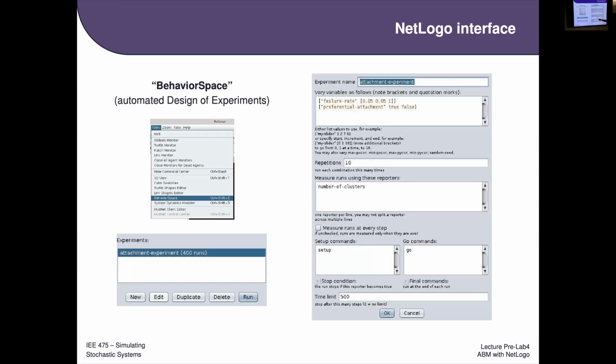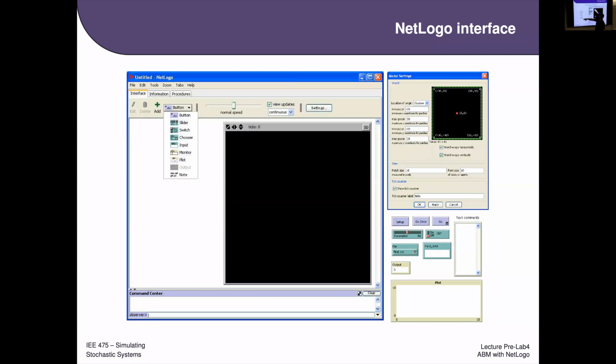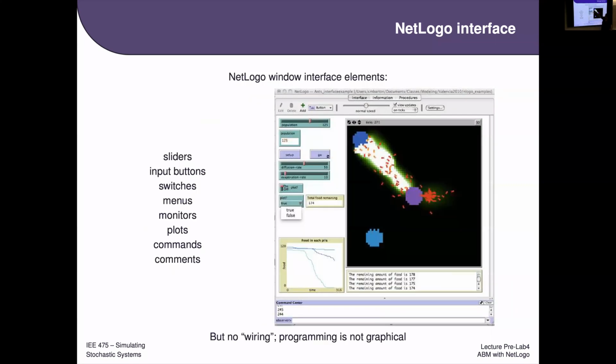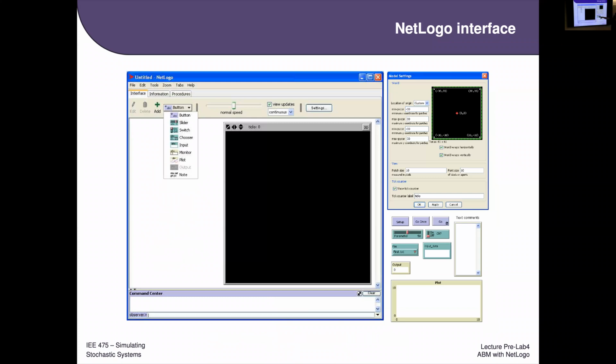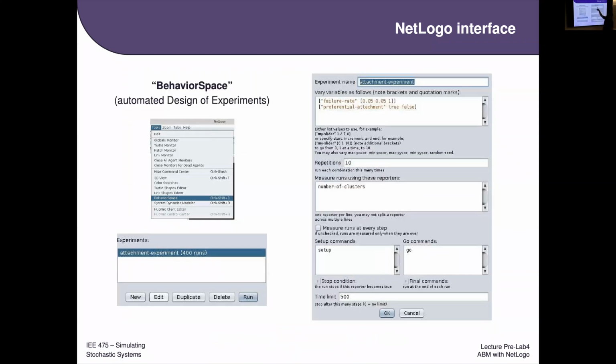And then NetLogo has this thing called BehaviorSpace, which you will work with directly in Lab 4. Under the Tools menu, go to BehaviorSpace. What's cool about this is it can automate running experiments. All of those parameters on the front page, like diffusion rate, evaporation rate, et cetera, you can go up here and create experimental designs.